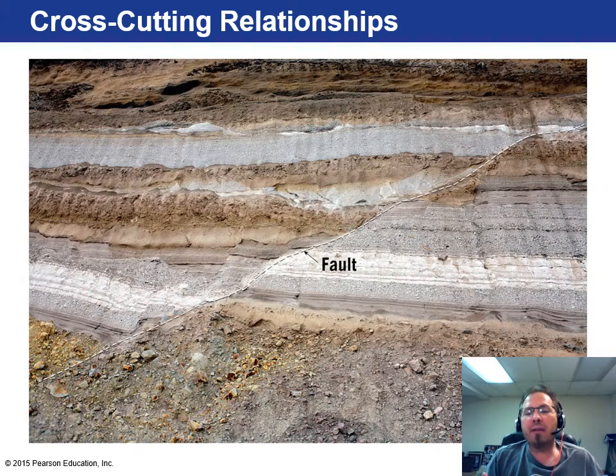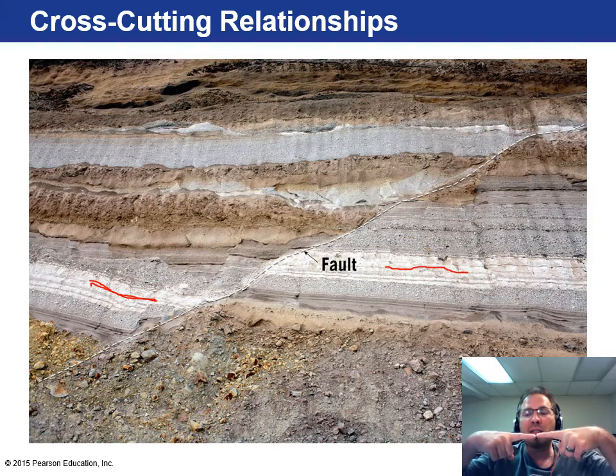Now, cross-cutting relationships, there's several different ways to illustrate this, but the one is a fault. So if you look at this particular image, you can see this really white layer right here and that same white layer up here. At one point, because we know the principle of horizontality, we know that at one point those must have been like this, because the sediments don't form like that.